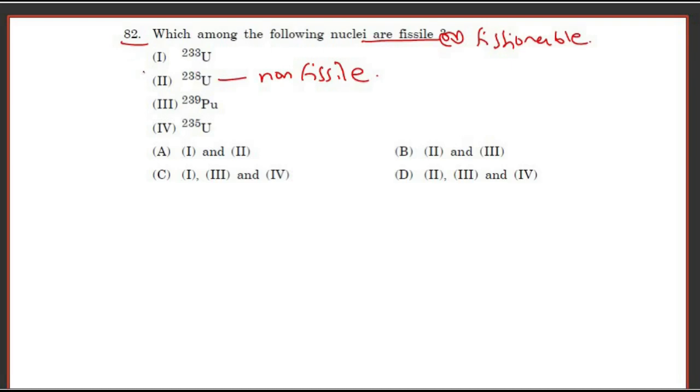You cannot break this nucleus, and you can break uranium-233, plutonium-239, and uranium-235. These three are fissile, whereas uranium-238 is non-fissile. Hence here option C is the correct answer.